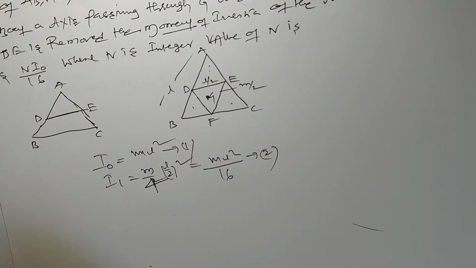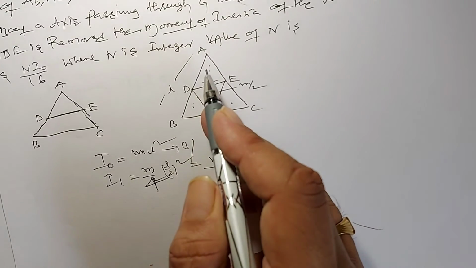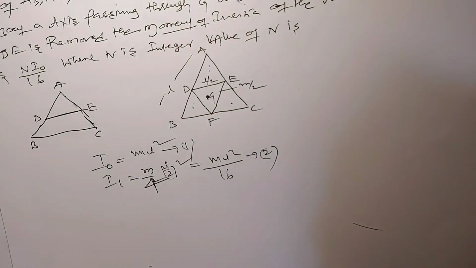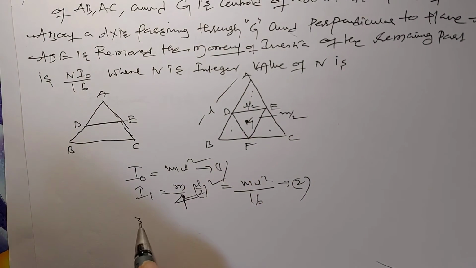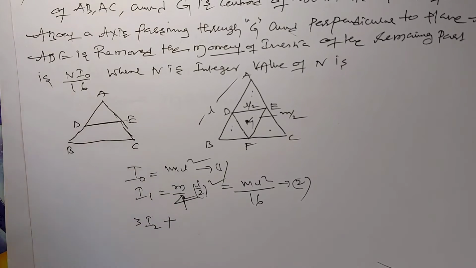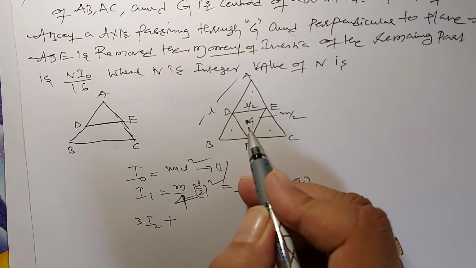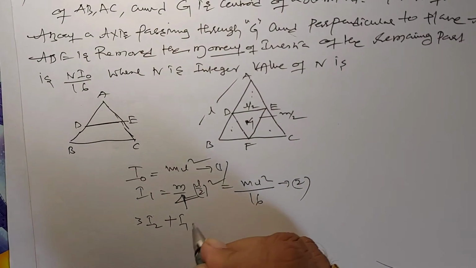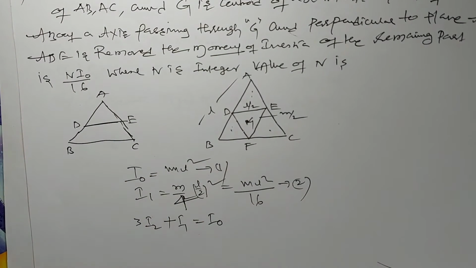So let us assume that the moment of inertia of each plane lamina is I2. I2 plus I2 plus I2 is 3I2. 3I2 plus I1 is equal to the total moment of inertia of the plane lamina, that is I naught.